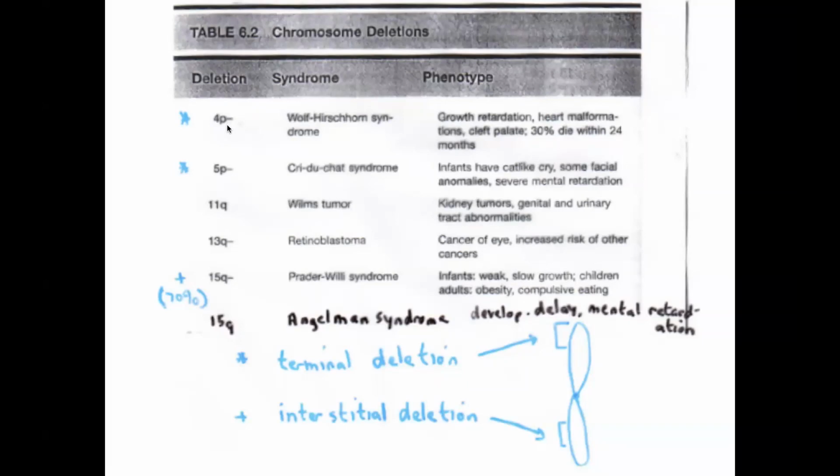Well, they're pretty significant. There's growth retardation, heart malformations, cleft palate, and viability is compromised. 1 in 3, 30%, die within 2 years post-birth.